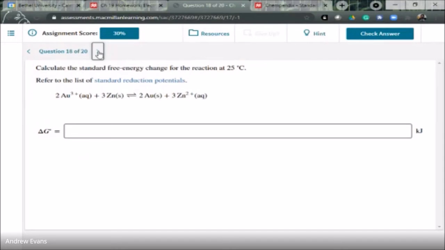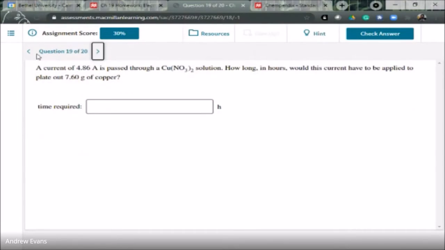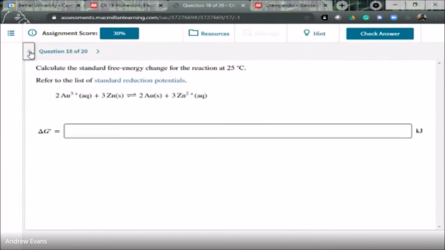I'm looking at the last couple ones real quick. Okay, we'll do the 18 and 19, and that'll be where we'll stop, because 20 is just another one of 19. This one asks you to do delta G using the cell potential.